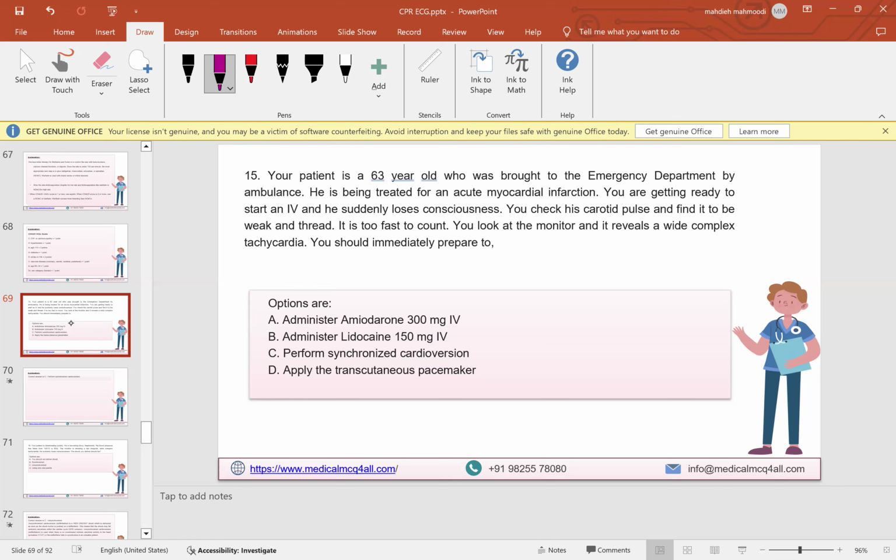Okay, let's say the rate is 220. The patient is stable: no chest pain, no acute heart failure, no ischemia on ECG, no syncope, no low blood pressure. The patient is sitting there talking to you. What are you worried about? So no rush. Check the electrolytes, call the cardiologist.